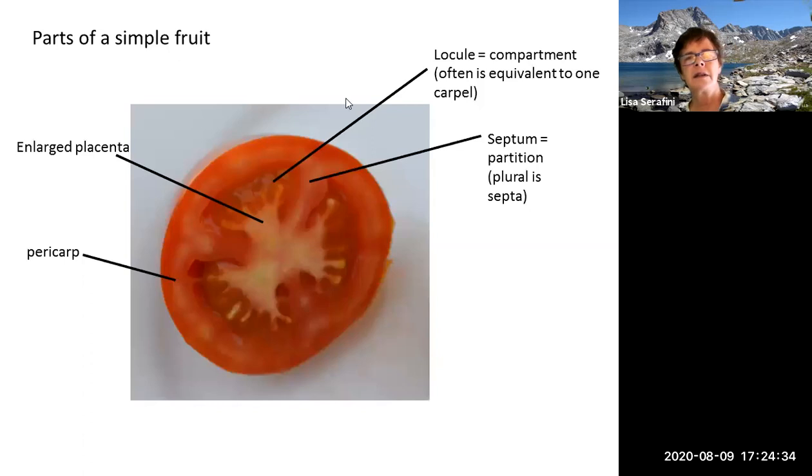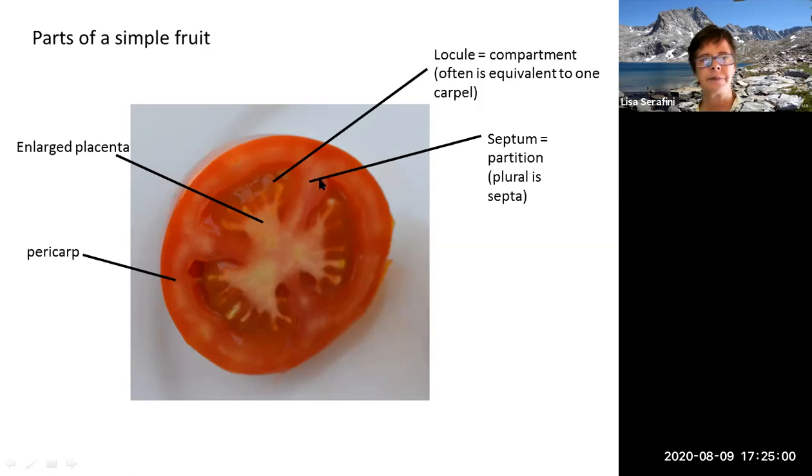So let's take a look at a simple fruit. We have fruit from one pistil, and yes, a tomato is a fruit, botanically speaking. So here we have this tomato cut open, and this is the pericarp, this fleshy stuff around here. And sometimes we have partitions, and the partition is called a septum. So there's one septum, there's another, and there's another.